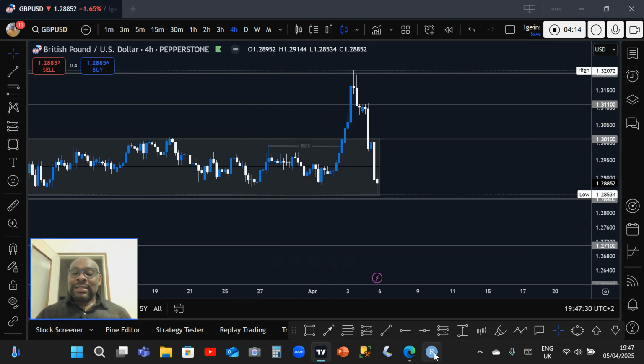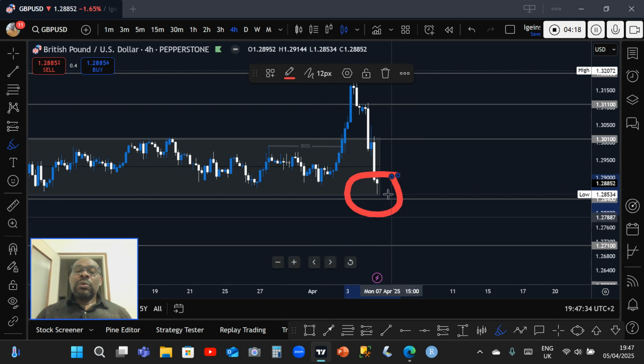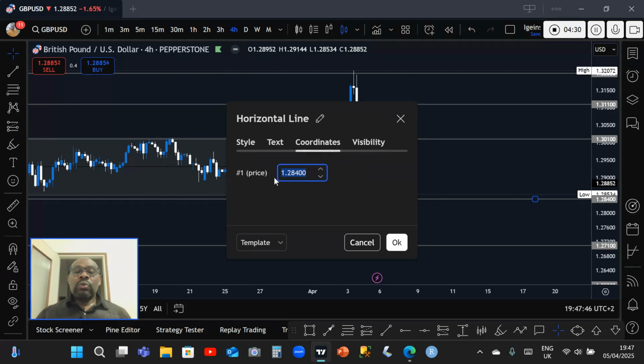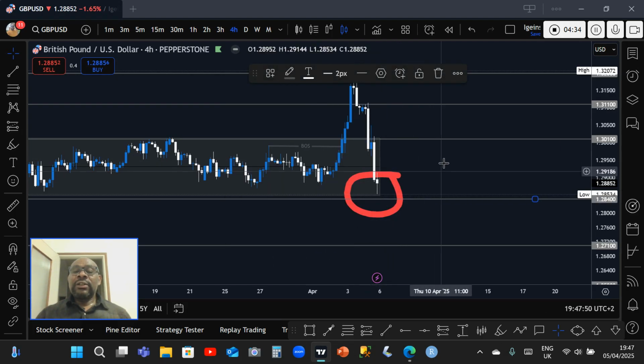And now at this point, we can see that there's a rejection. So price is rejecting from this same level of support, 1.28400.